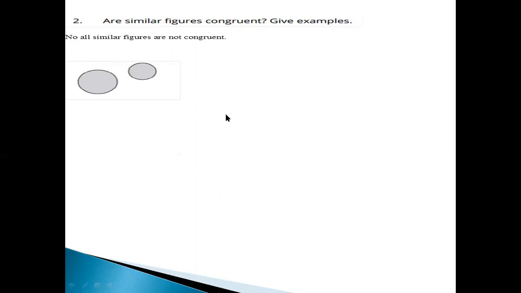Similar means same in shape but not same in measurement. So no, all similar figures are not congruent. If you look at this, both circles are similar. They look the same, but are not congruent because their radii are different.